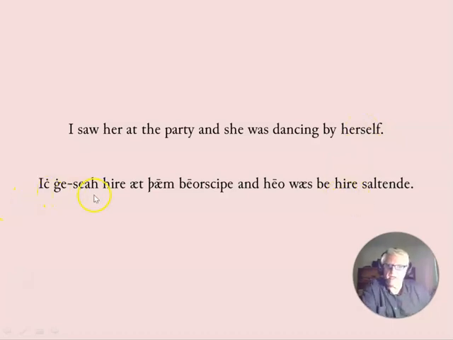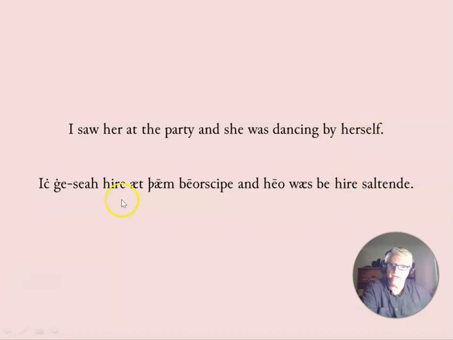Ich ieser, I saw, here, which is her, at them beor shipper, and heo was be here saltender. Now, saltender is dancing. Beor shipper is party. But you notice here was her, but here is herself.